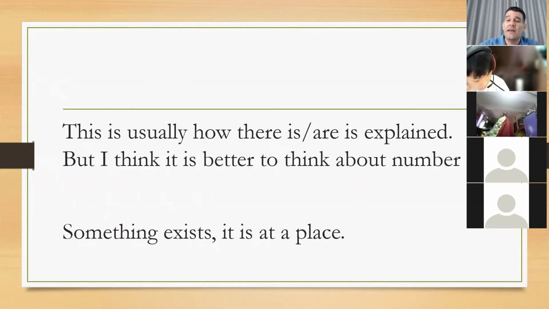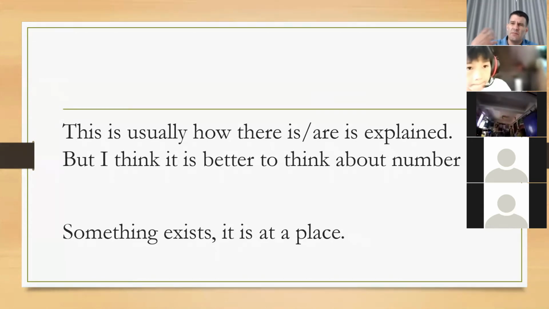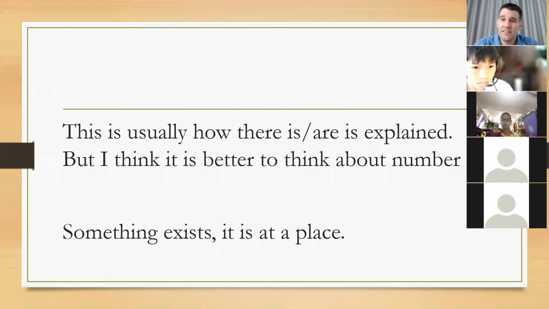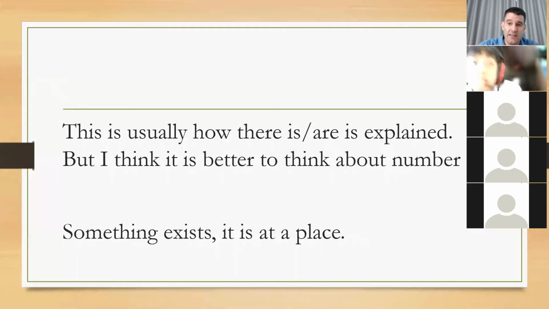This is usually how there is and there are is explained in Thailand as I have seen it. But I think it's better to think about there is and there are as just something exists. It is at a place. That's how I think of there is and there are.